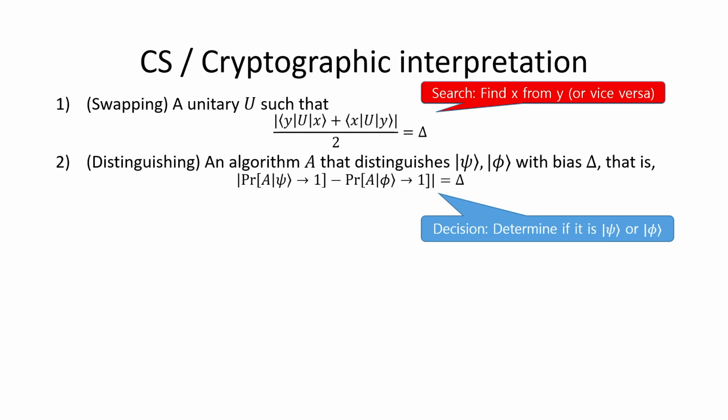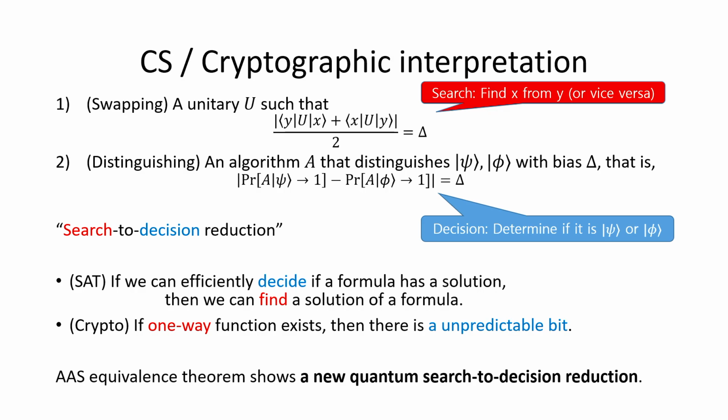If we set y to be f(x) for a one-way function f, then this test is to find x from f(x), which is one-way hard. The second task is apparently a distinguishing task. This theorem says these two problems are equivalent, so it can be seen as a search-to-decision reduction.